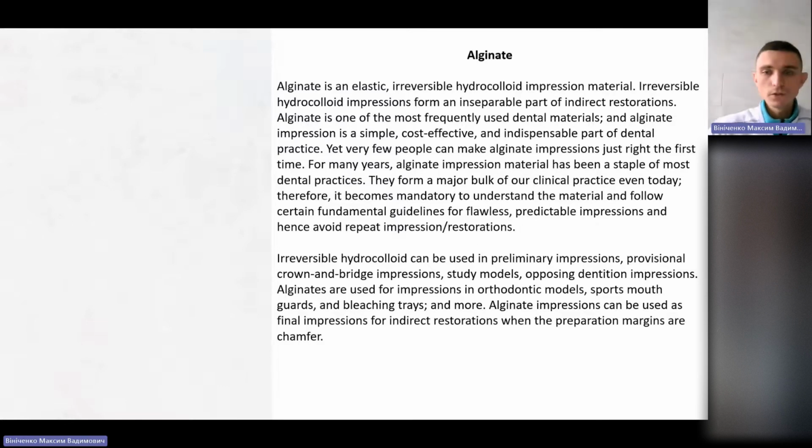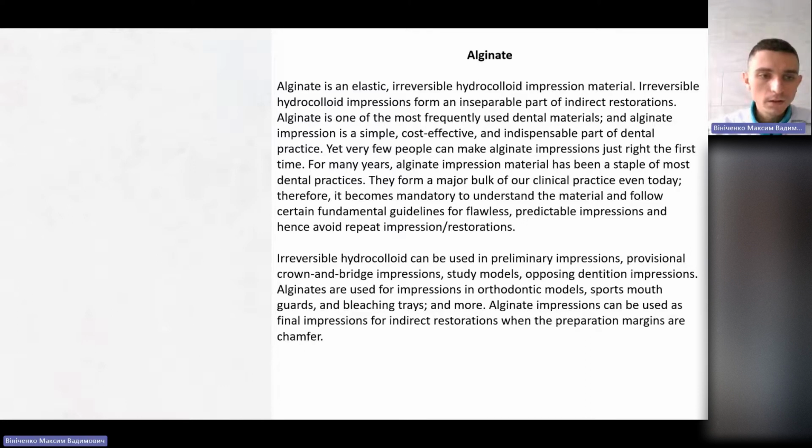So if we talk about our clinical use of alginate, for example, in orthodontic treatment, when we want to make a Frankel appliance, a functional appliance, we need to make the impressions using alginate.